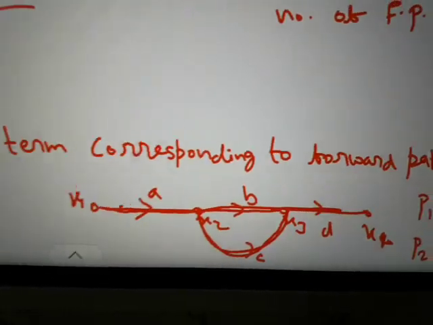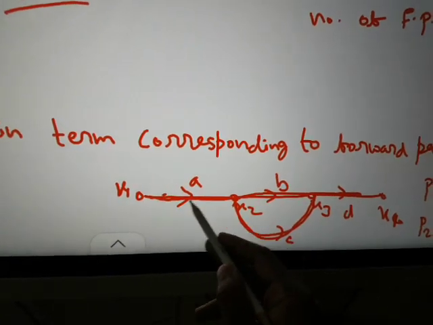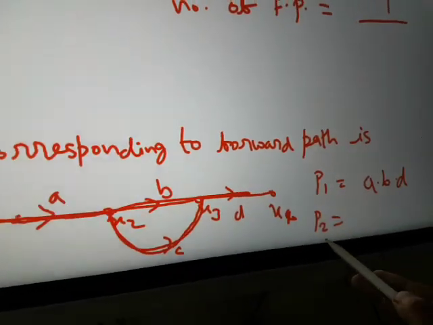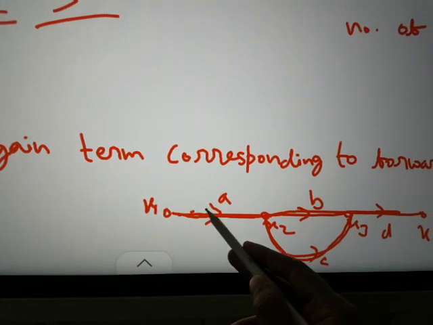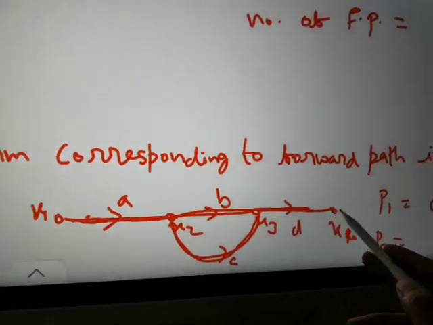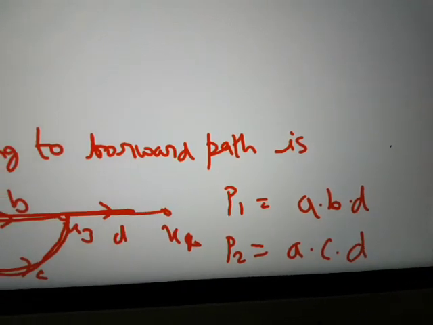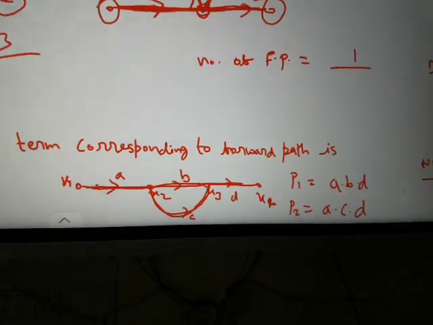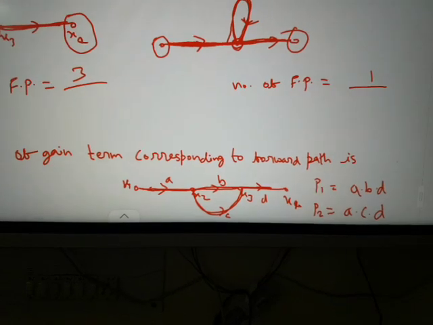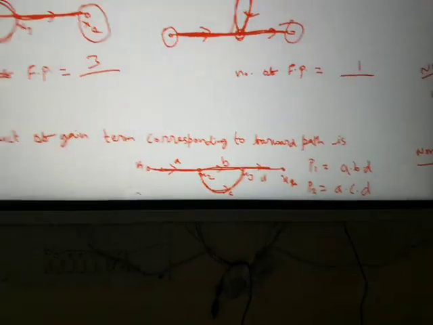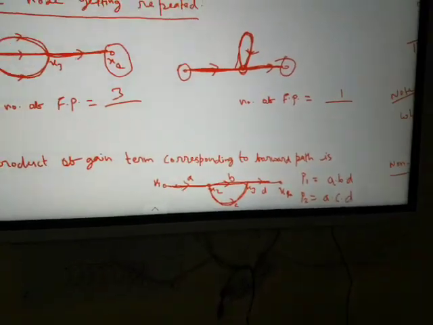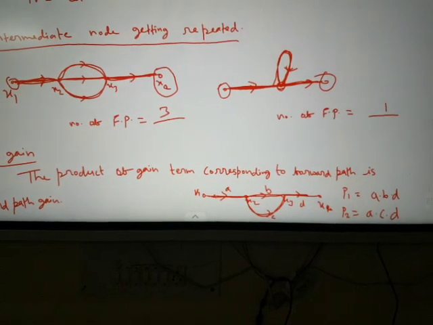Now for the next forward path, p2, what will be the gain? a into c into d. So for this example we have two forward paths, p1 and p2, and the gains will be abd and acd.